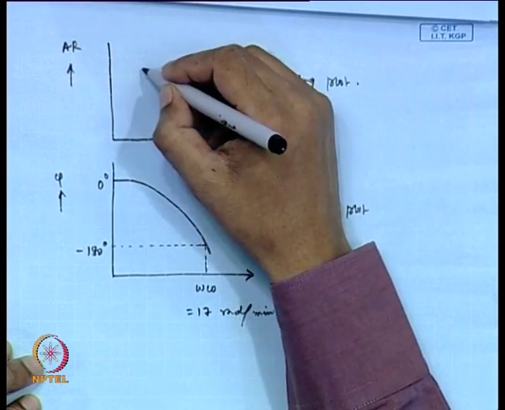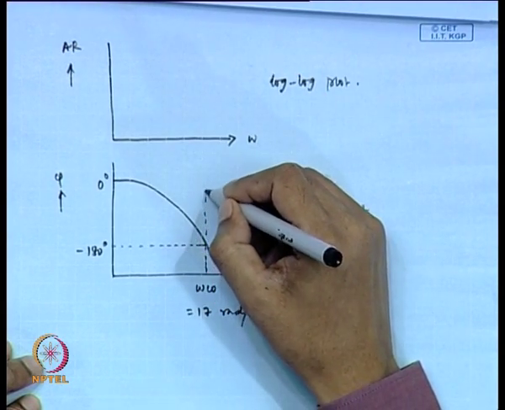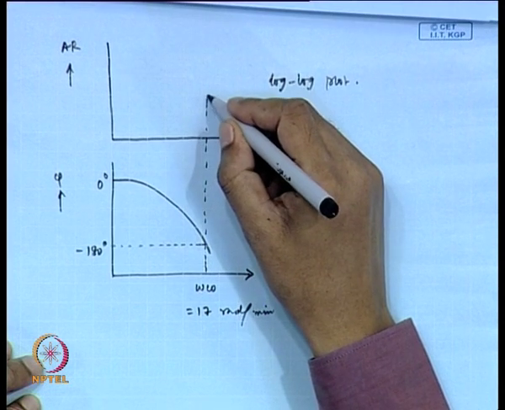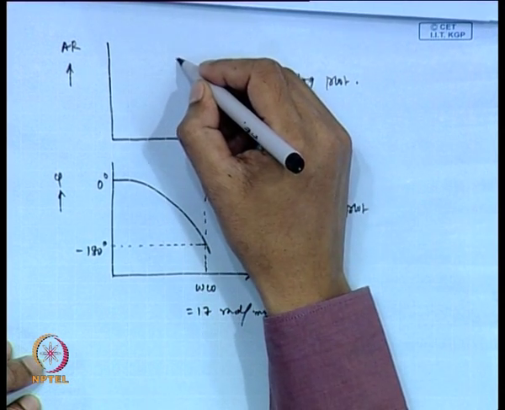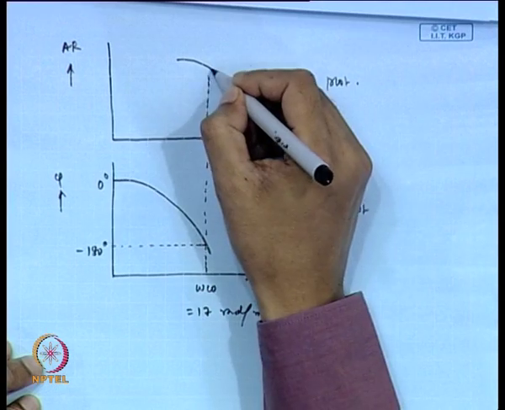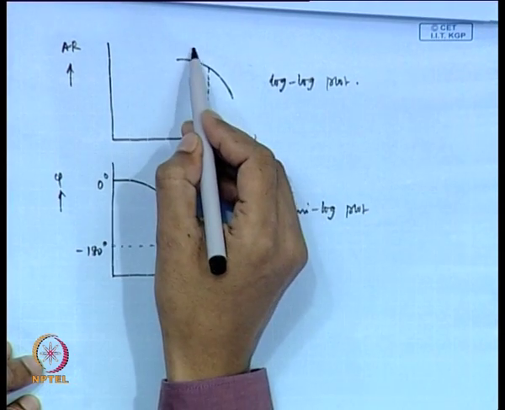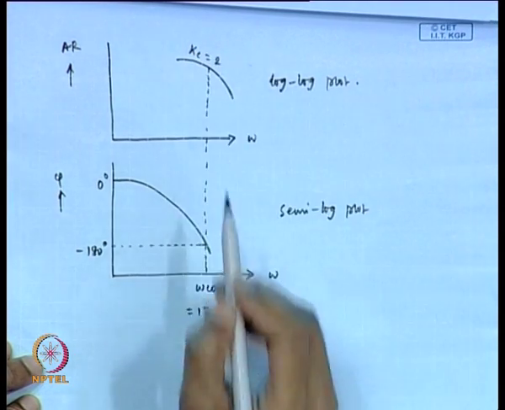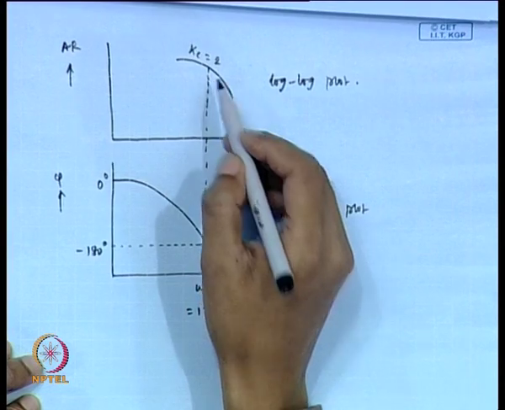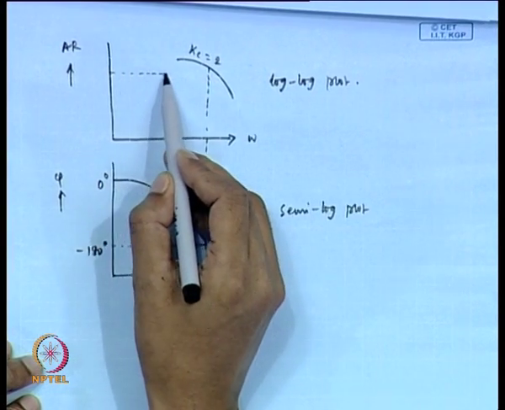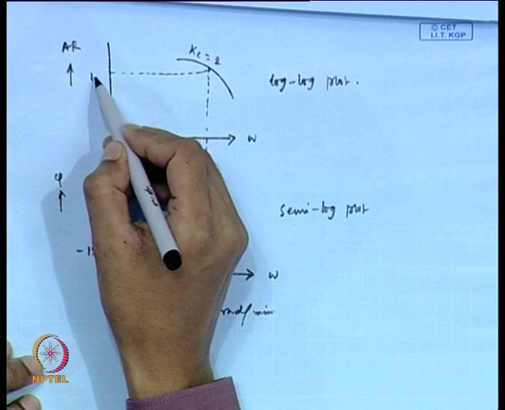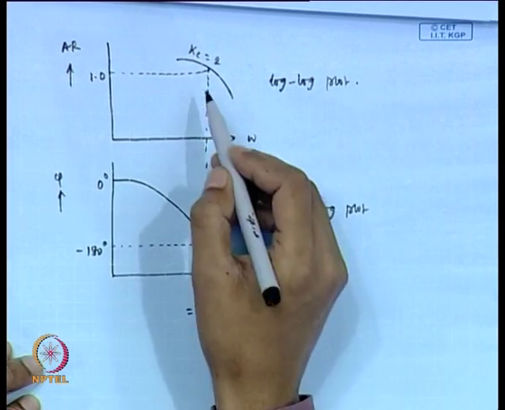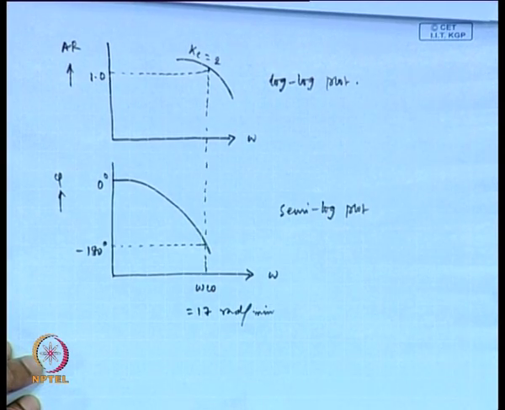Now, this is the plot when Kc equals 2. At crossover frequency, how much is amplitude ratio? 1, definitely when Kc is equal to 2.